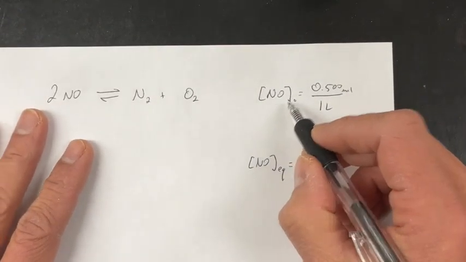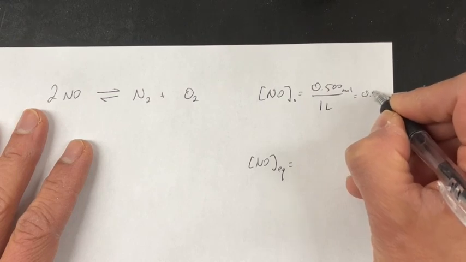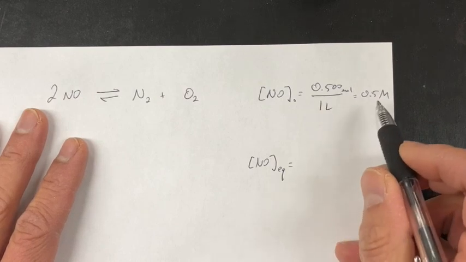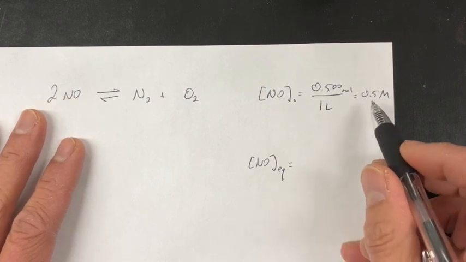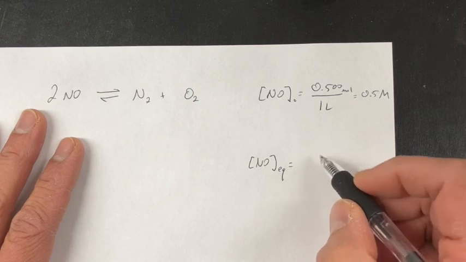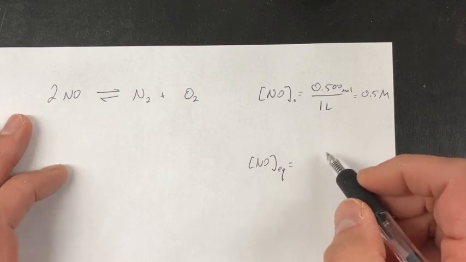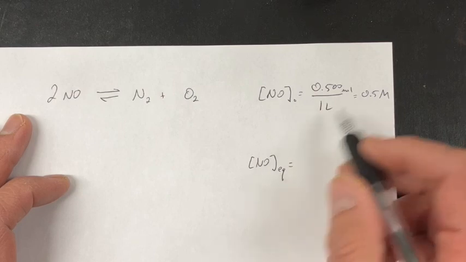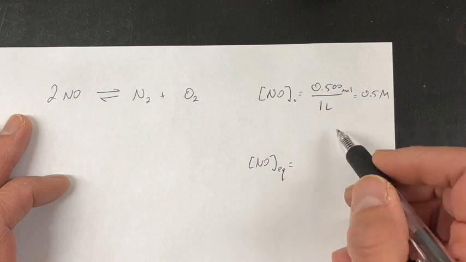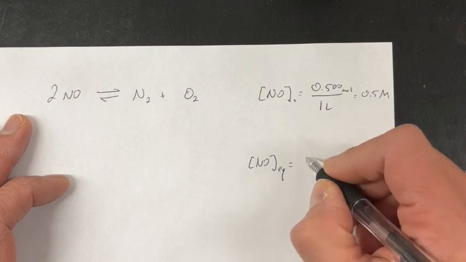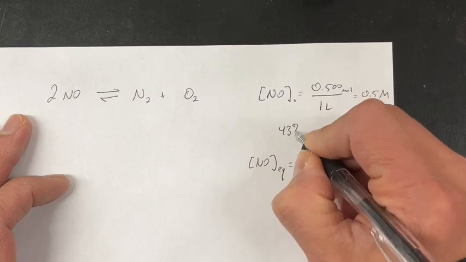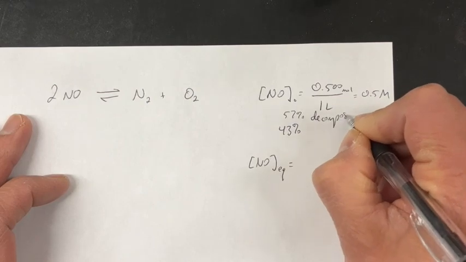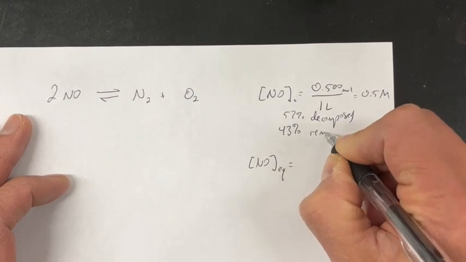Well, my initial NO is 0.5 moles in 1 liter, so it's 0.5 molar. But then at equilibrium, 57% of this is gone, which means I have 43% left, okay? So I want to get the equilibrium value, and you could do this either way. I like to just solve for the equilibrium value, so I know that 43% remains, so 57% decompose, 43% remain.